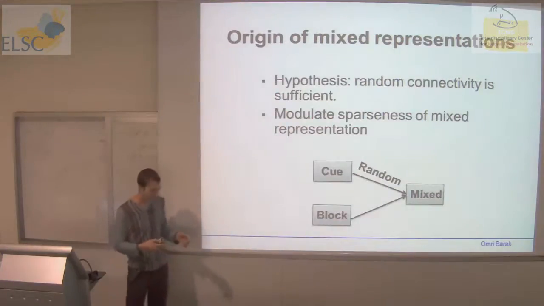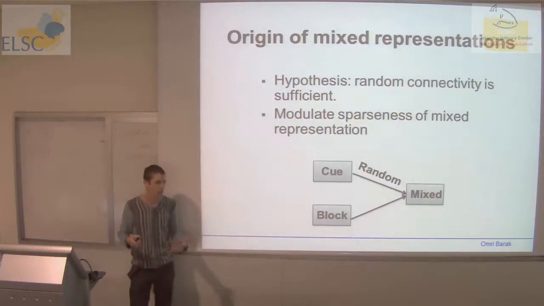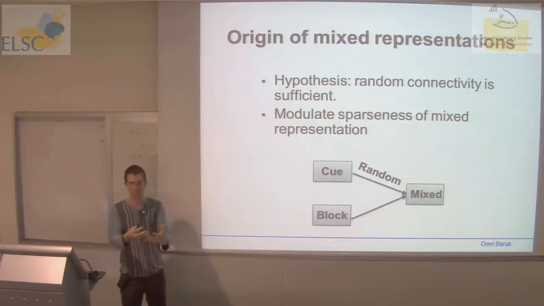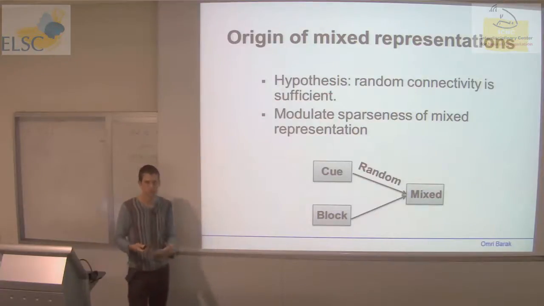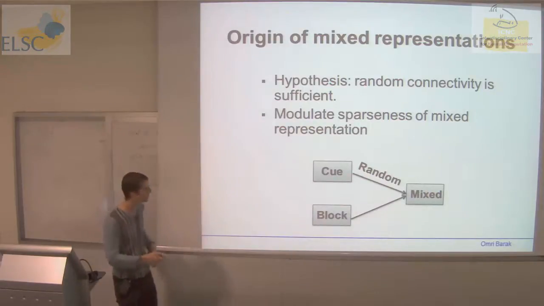I have to somehow define how I mix them, and the hypothesis is that random connectivity is sufficient. That if I have the two information sources and I randomly connect them, project them to a different layer, with a simple threshold, that is sufficient to solve this problem, and the representations will be sufficient to perform adequately.